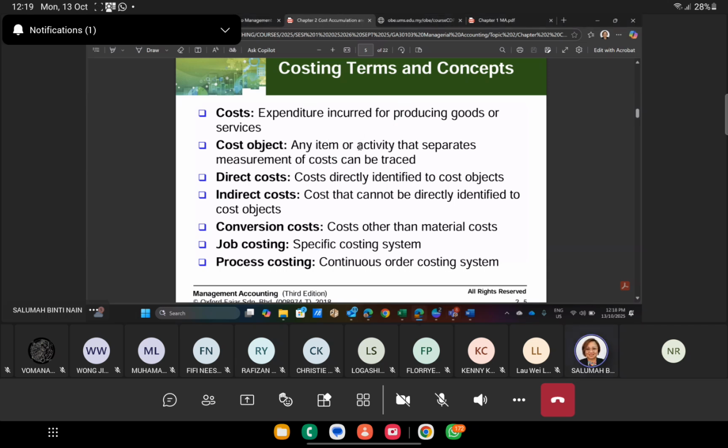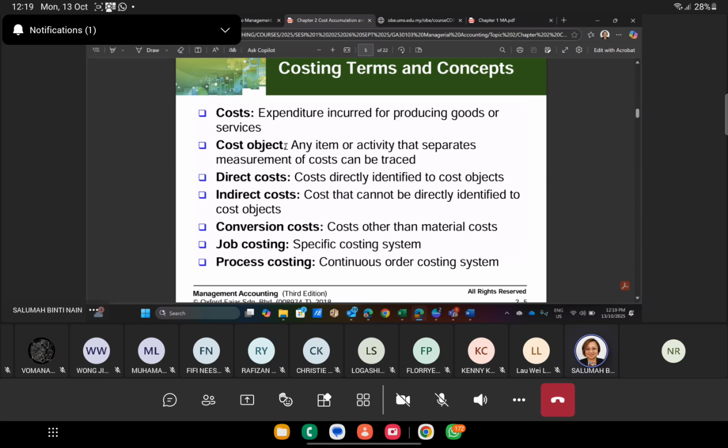Okay, so what is cost? Cost is an expense incurred for producing goods and services. Cost object is any item or activity that has a separate measurement of cost that can be traced.